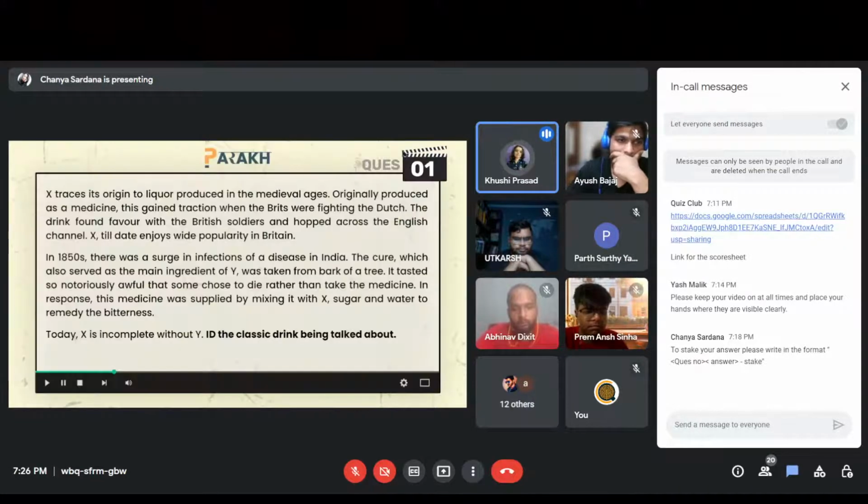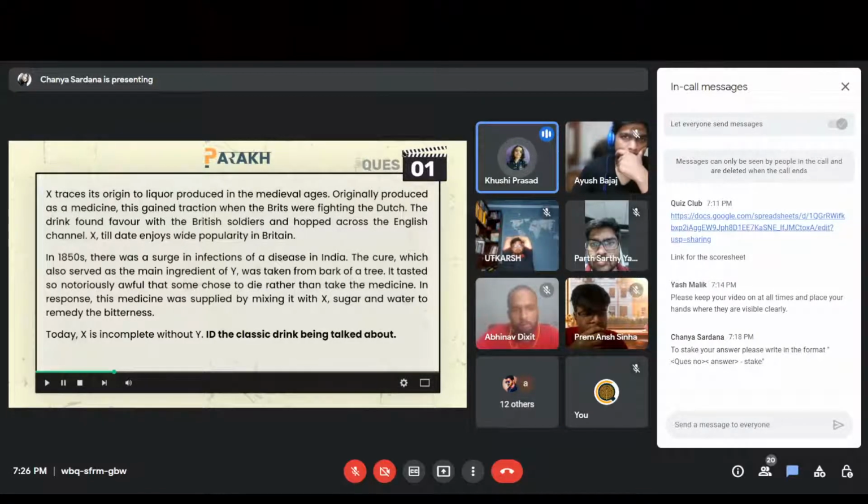X traces its origin to liquor produced in the medieval ages. Originally produced as a medicine, this gained traction when the Brits were fighting the Dutch. The drink found favor with the British soldiers and hopped across the English Channel. X, till date, enjoys wide popularity in Britain. In 1850s, there was a surge in infections of a disease in India.